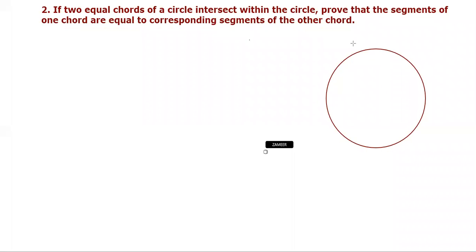Two equal chords of a circle. So this is the circle, and in this we have given two equal chords. Let's take one chord, and another chord is equal to this chord.